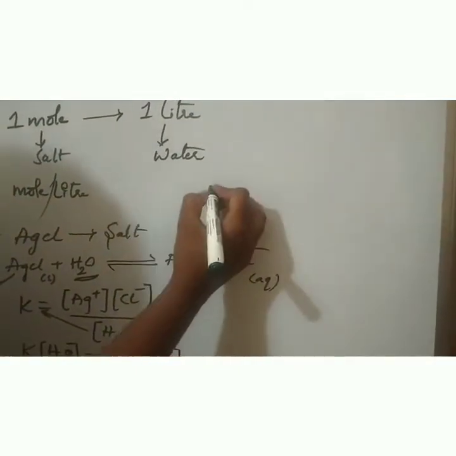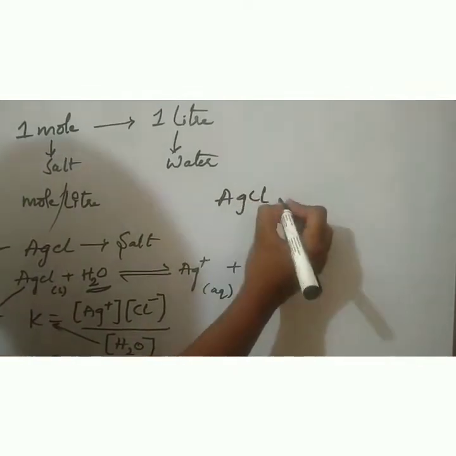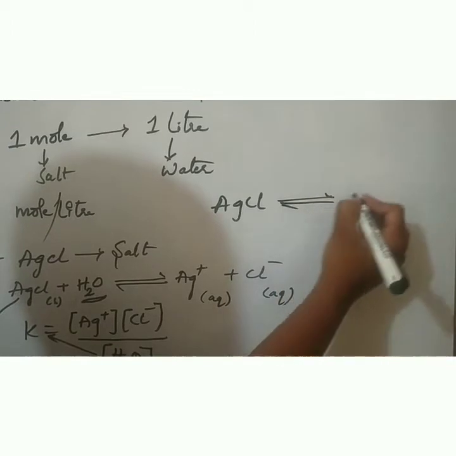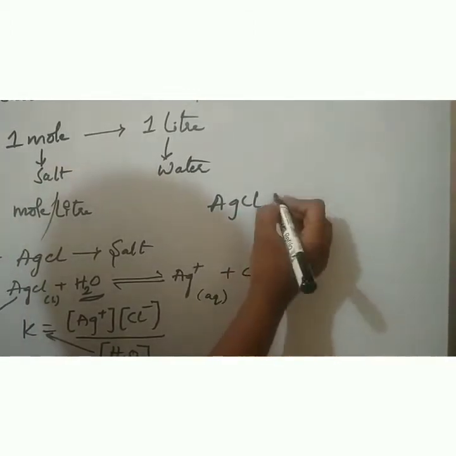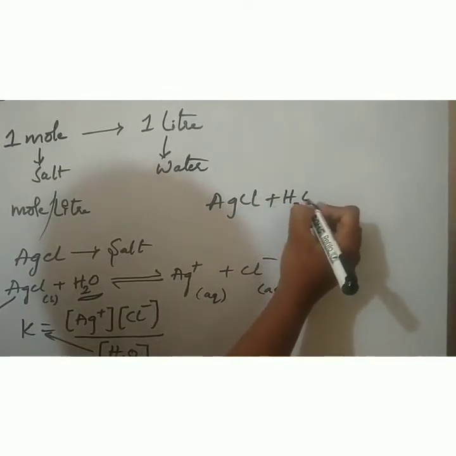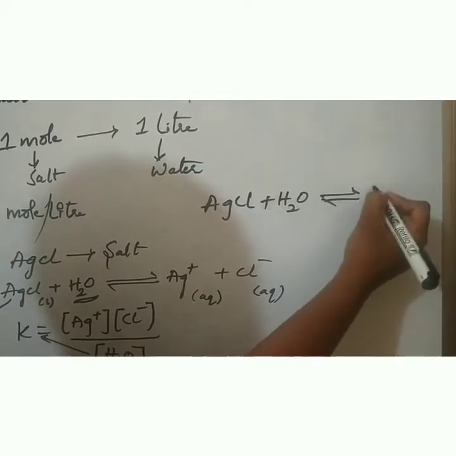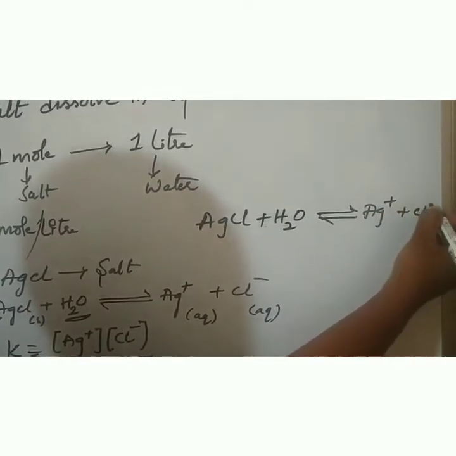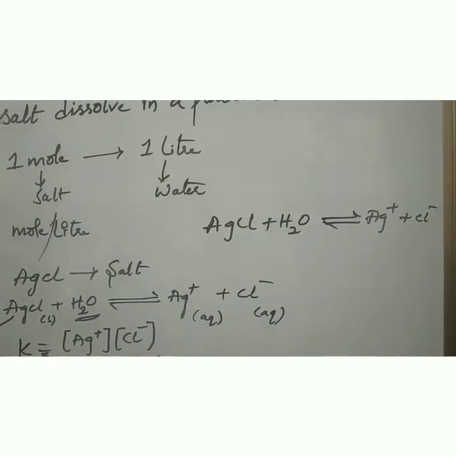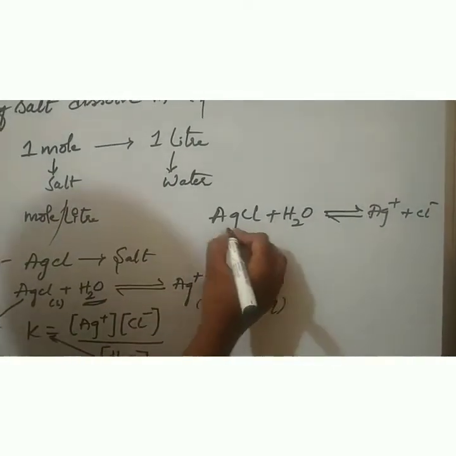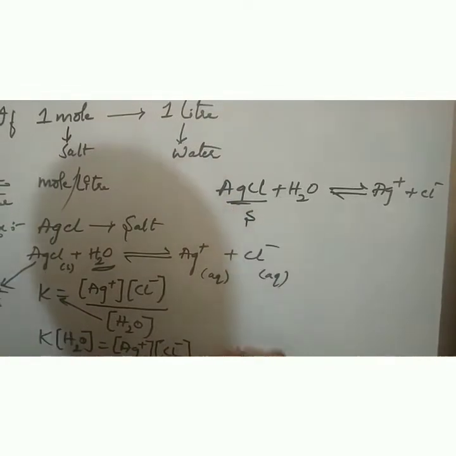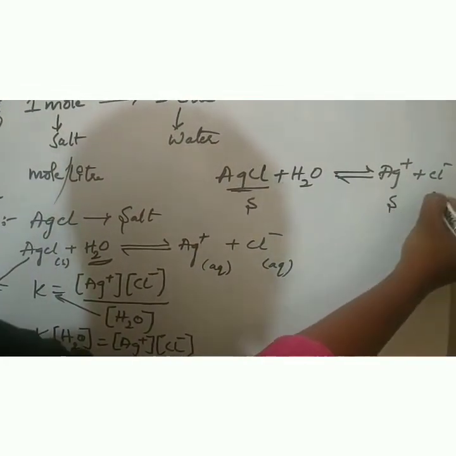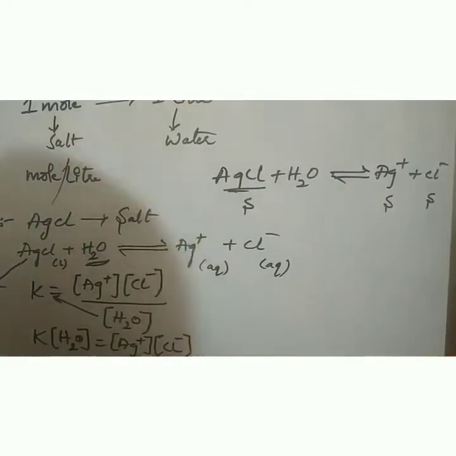AgCl plus H2O gives Ag plus, Cl minus, right? The solubility for the AgCl is S. Then the solubility for Ag is S, and here Cl minus is also S.